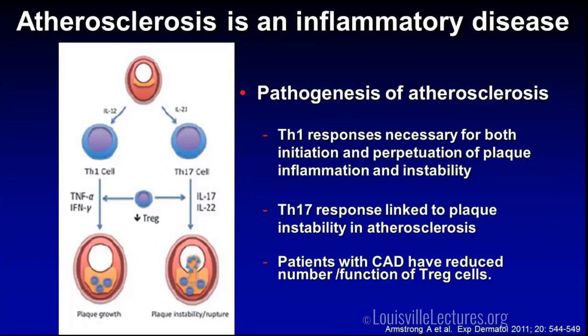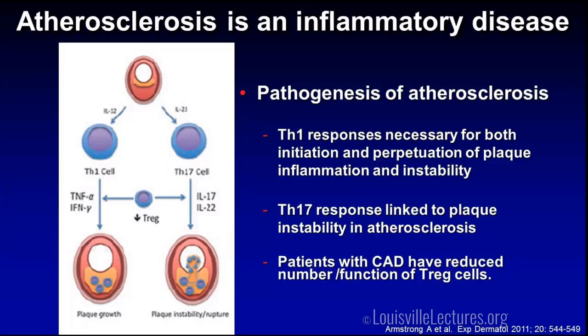There are probably a number of reasons for the association between psoriasis and cardiovascular disease, but certainly one of those reasons is because we know atherosclerosis in and of itself is an inflammatory disease, and the pathophysiology of atherosclerosis involves Th1-mediated immune responses.